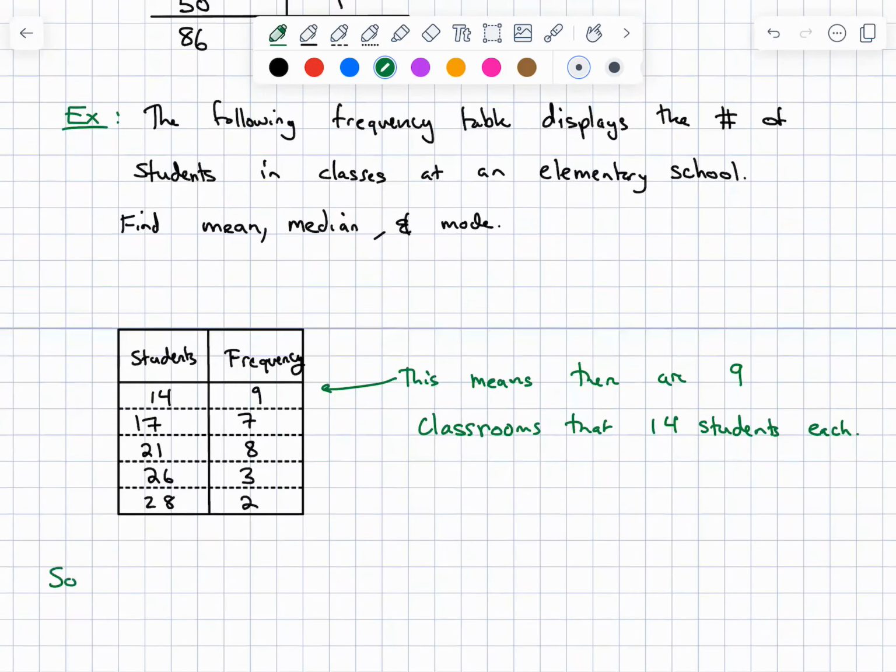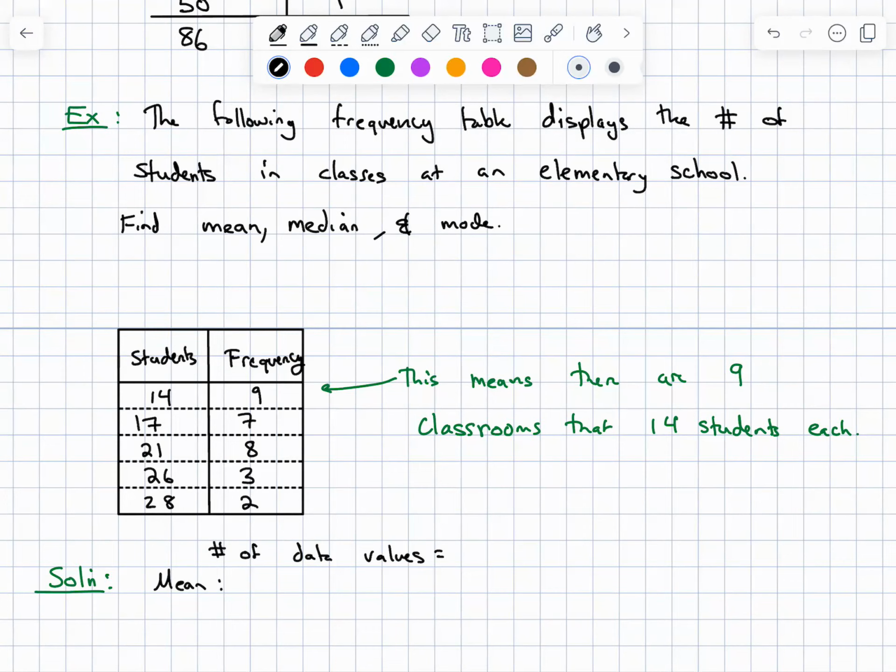Solution. So for the mean, notice there are a number of data values. This will be useful in all of our calculations. What the corresponding data list would look like is 14, 9 times, and then 17, 7 times, and then 21, 8 times, 26, 3 times, and 28, 2 times.